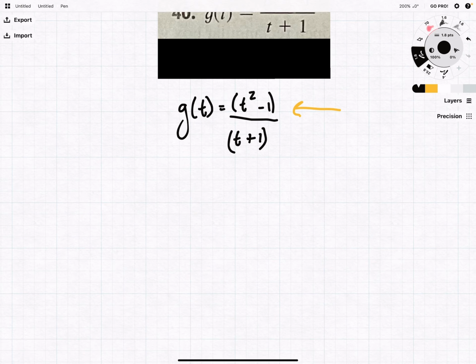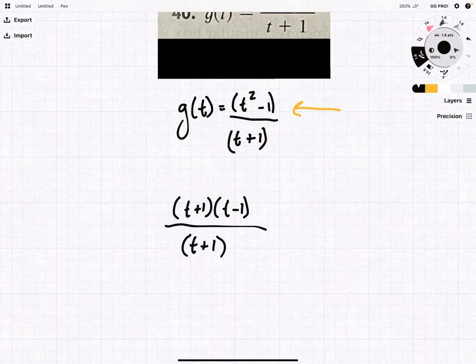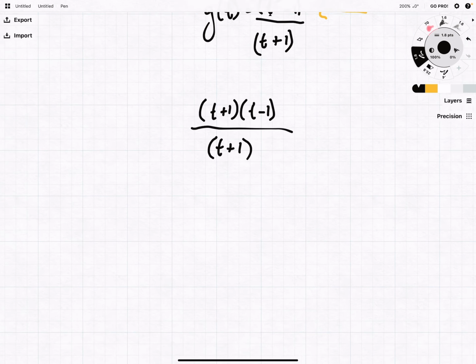That's what we call a difference of squares, and we can factor that as t plus 1 times t minus 1, and this is over t plus 1. And we'll go more over that soon. But for now, let's just find the domain.